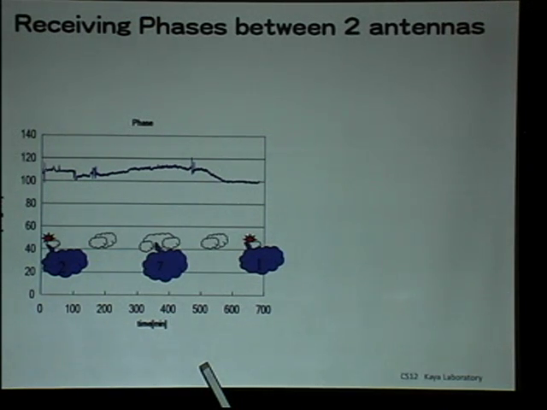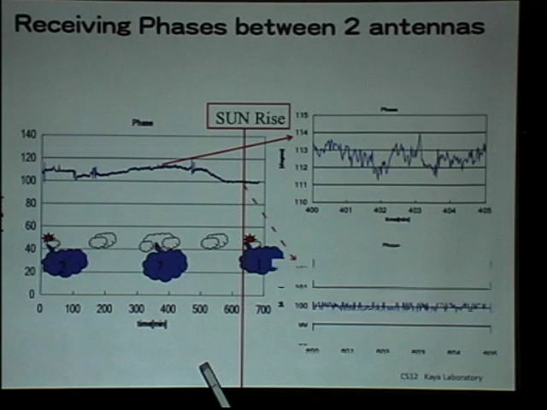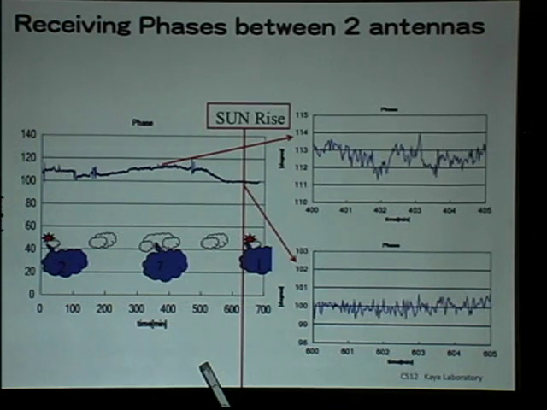You can see the phase difference is almost constant, not depending on the cloud. This point is the sunrise, and it is almost the same.